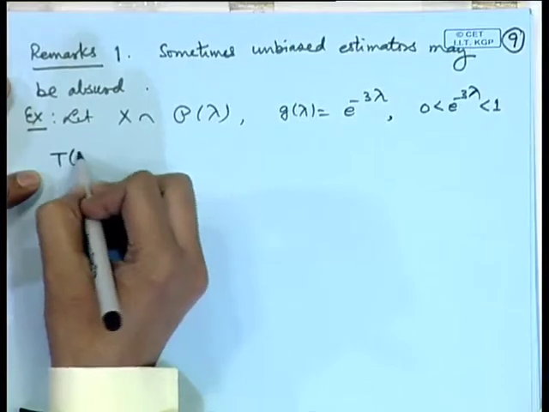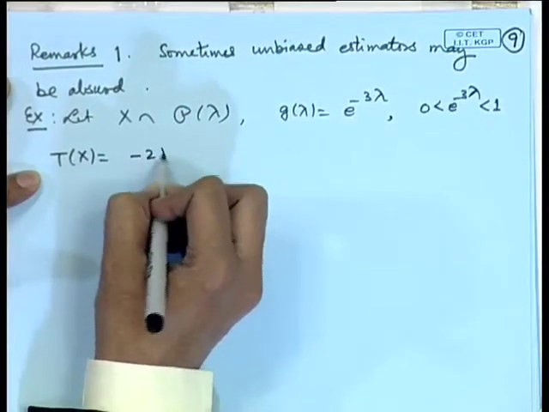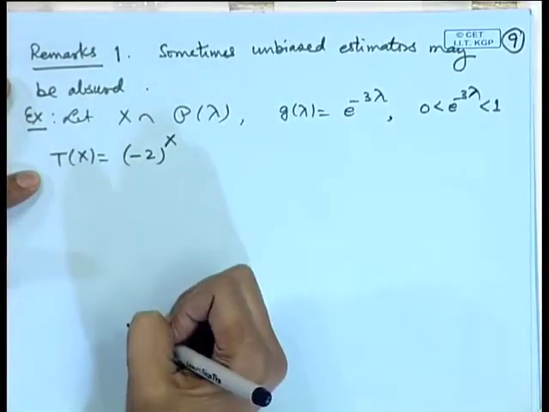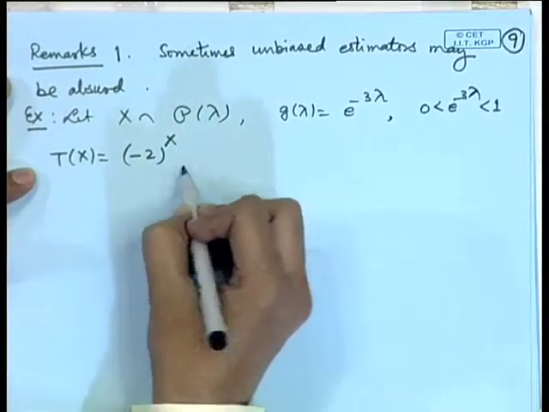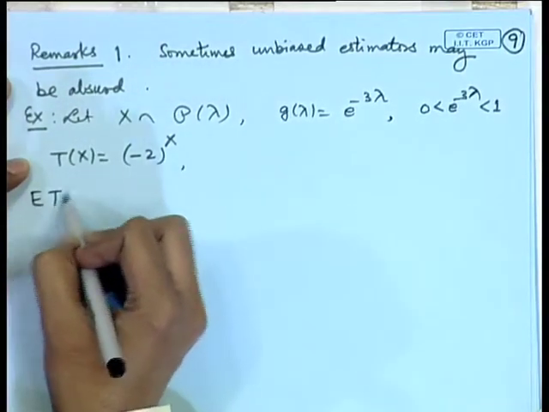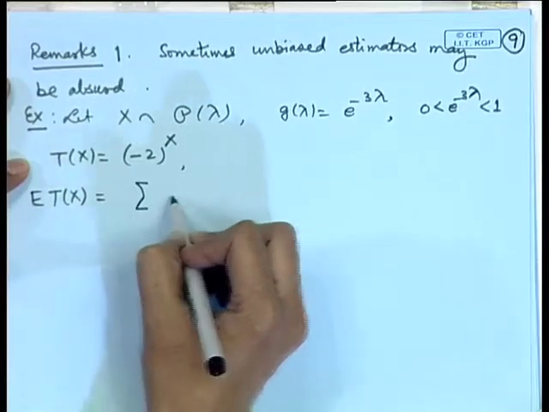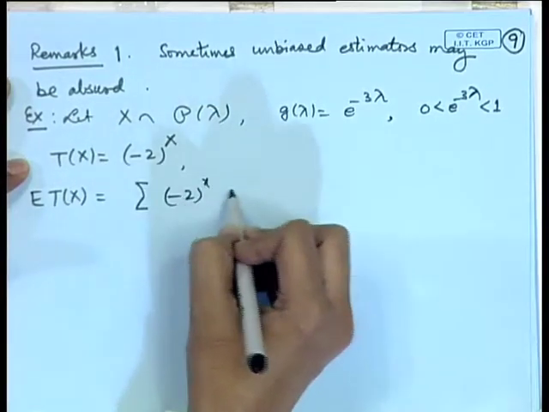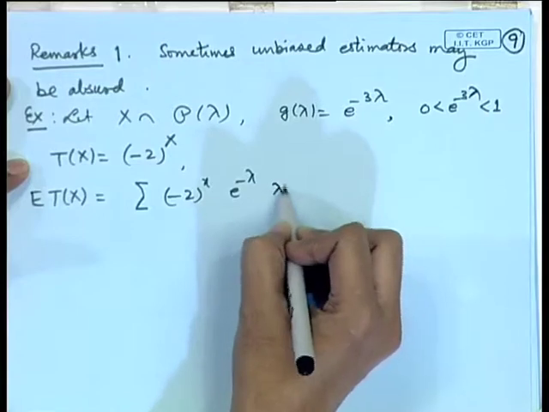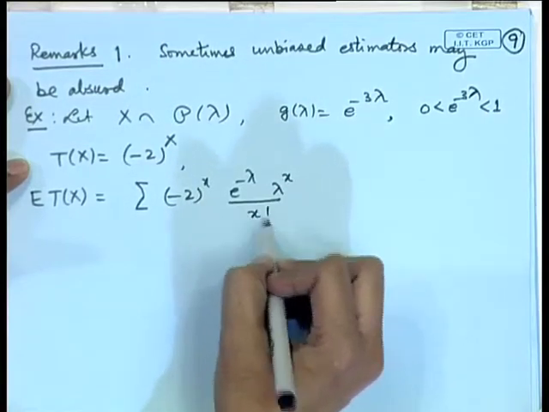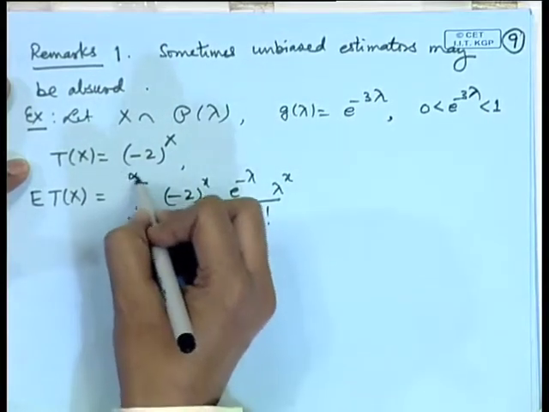Let me define T x is equal to, say, minus 2 to the power x. So, what is the expectation of T x? It is equal to the sum of minus 2 to the power x e to the power minus lambda lambda to the power x by x factorial, x is equal to 0 to infinity.